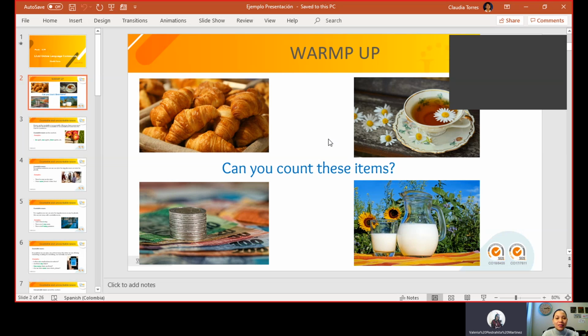Yeah, you say a piece of furniture or some furniture, but it's uncountable. Okay, tell me another one. The books. Can I count books? Yes, that's right. Cool.